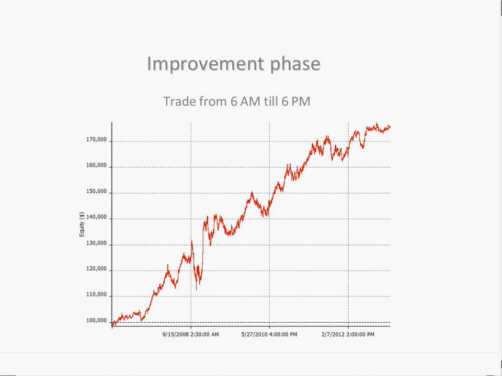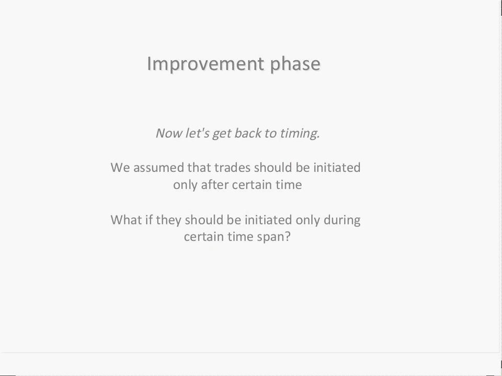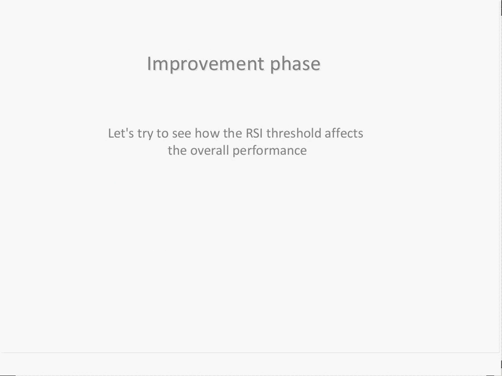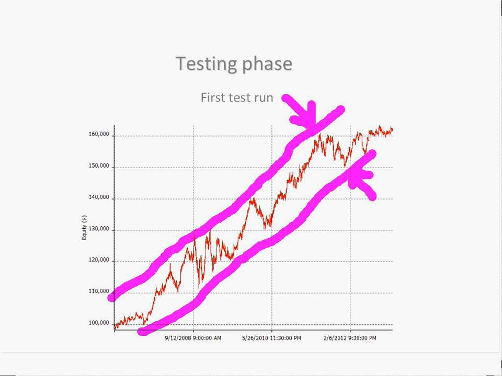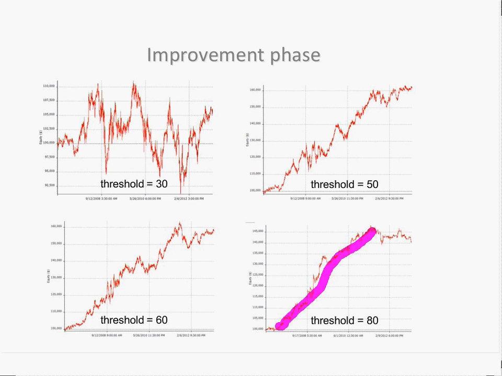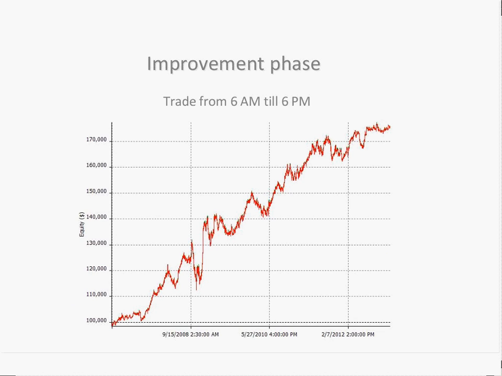Let me remind you of how it looked initially. So we got rid of this very unpleasant situation we saw here. We don't have it anymore. Yes, we do have this large drawdown, then a run-up.